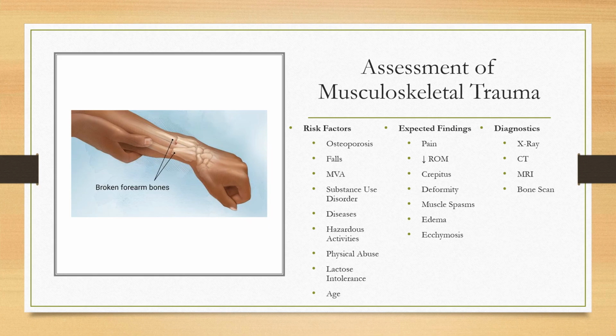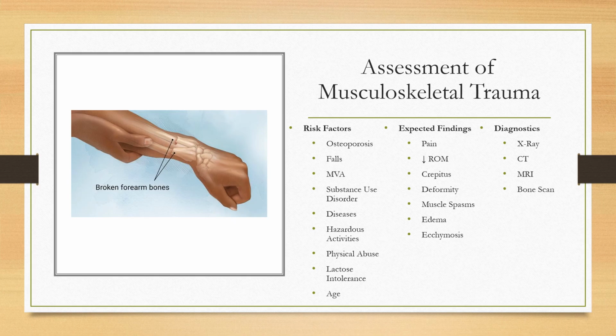Okay, so I think this slide. By the way, I often say this. I'm not going to spend much time on it, because really this slide is just giving you risk factors for musculoskeletal trauma. Okay, so sure, if you have osteoporosis, you're at higher risk of fractures.